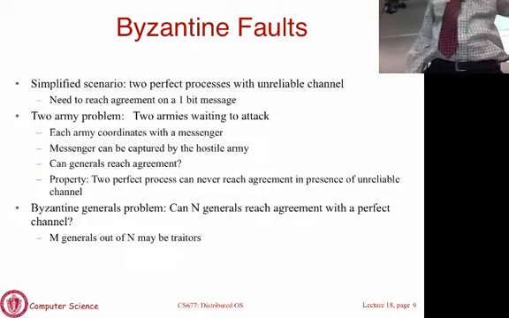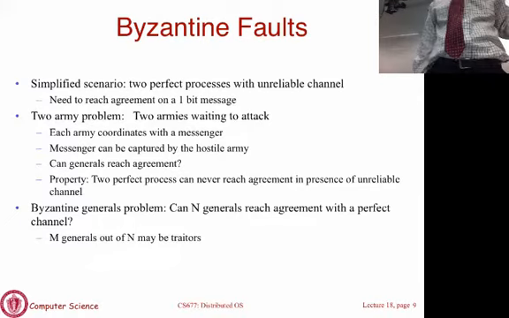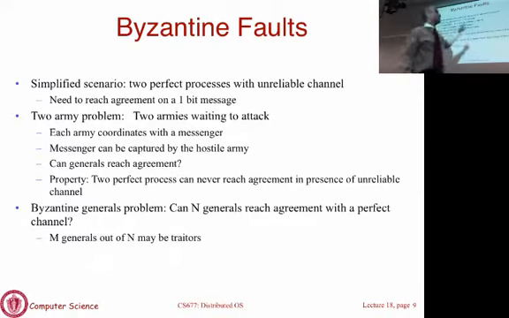Sometimes it delivers that bit exactly the way it was sent, sometimes it flips it, and you cannot tell what happened. In this case, you want to reach agreement. You want to know whether the message was actually transmitted successfully. The way to think about that same problem of two processes communicating over a Byzantine network is the two-army problem. Now, the two-army problem is as follows.